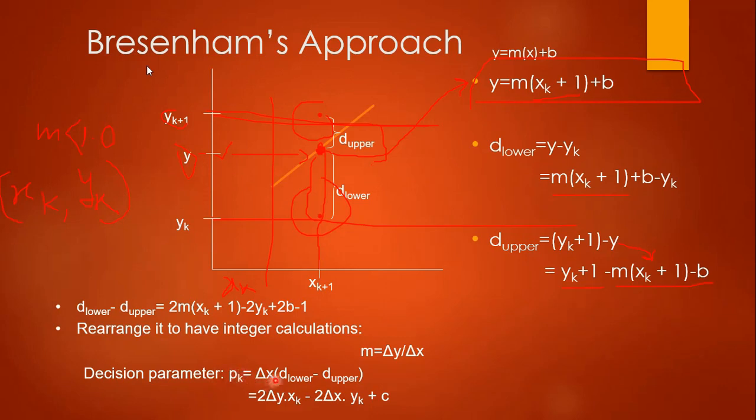Pk is equal to delta x into d lower minus d upper, which equals 2 delta y into xk minus 2 delta x into yk plus c. Depending on the value of pk, you decide whether to plot the lower pixel or the upper pixel.